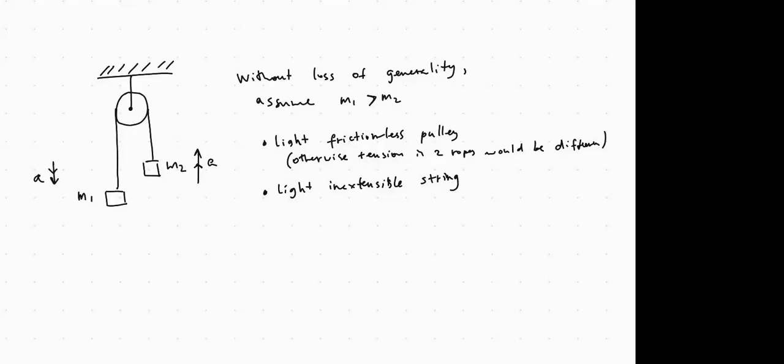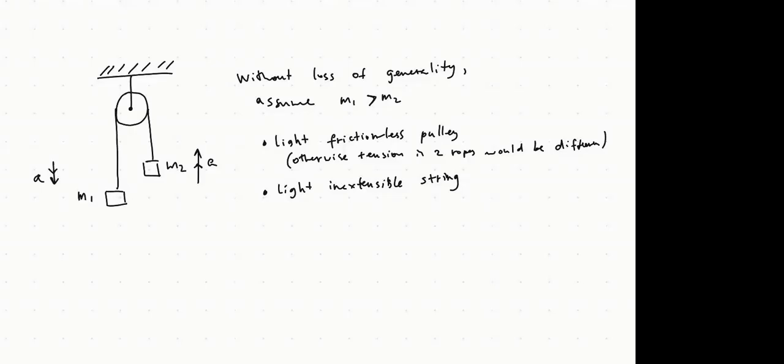And the inextensible part also means that the tension would be the same. So basically, the tension is the same throughout the rope, and the speed of each end of the rope is always the same. And that's important, because if the speed is the same, so is the position, the movements are identical.